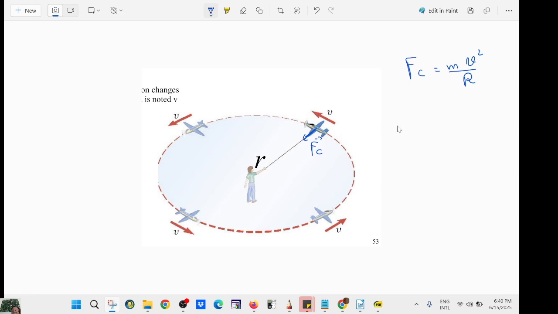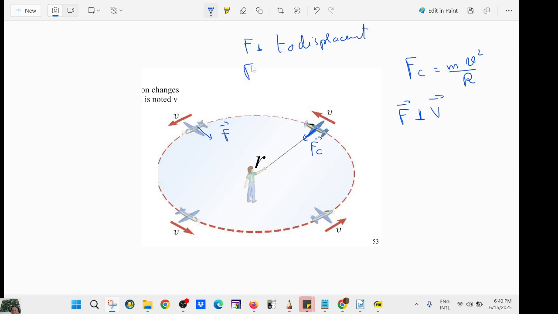And you see that the force here is perpendicular to the velocity. Okay, so the force here changes the direction, but it does not change the speed, which means there is only a component perpendicular to the displacement.